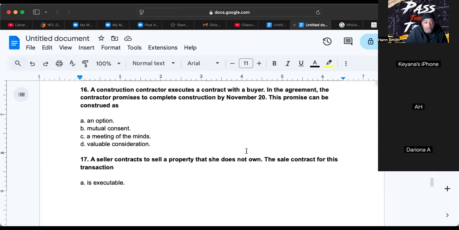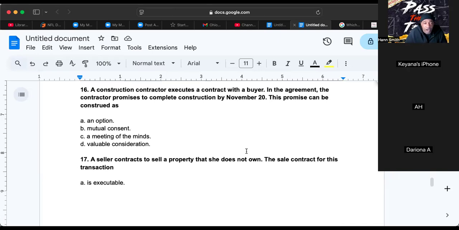A construction contractor executes a contract with a buyer. In the agreement, the contractor promised to complete the construction by November 20th. This promise can be construed as an option, mutual consent, meeting of the minds, valuable consideration. This is a heavy one right here. I don't understand why they're trying to assess it this way. But let's read it again.